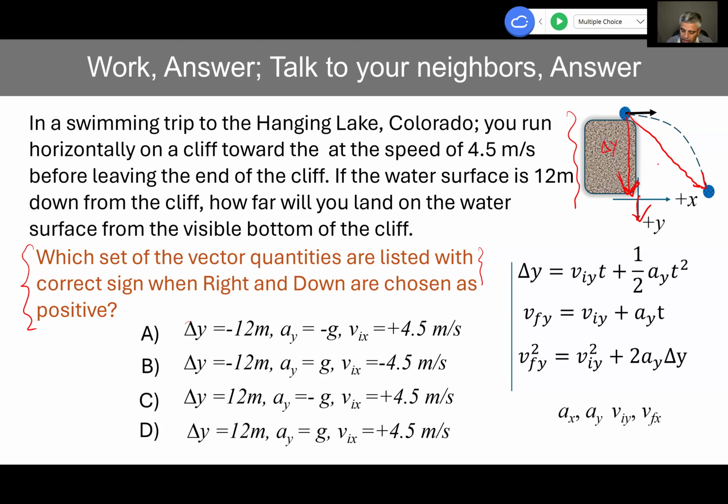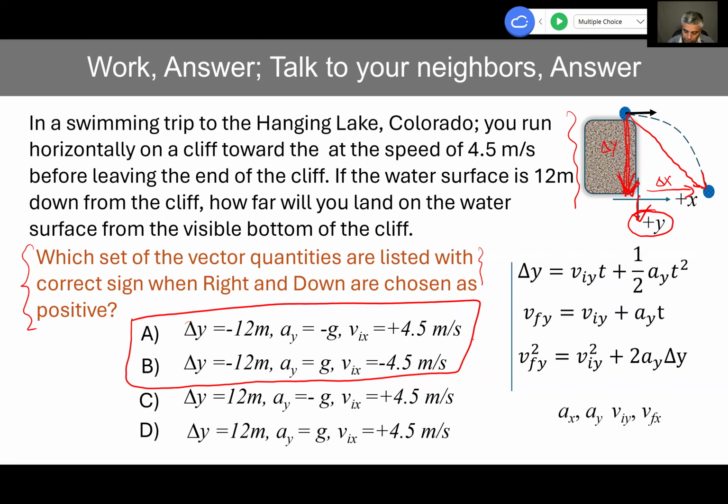So that's delta y, and this is the displacement in the x direction. In the list, it starts with the displacement in the y direction. It's pointing down, and since down is positive, the displacement must be positive. So that's why A and B are not good choices.